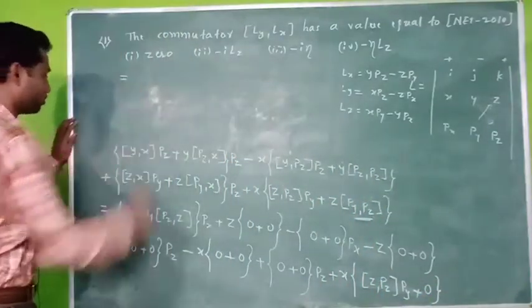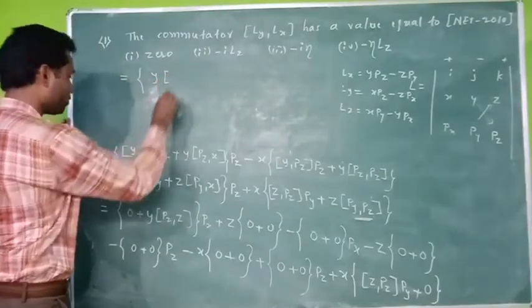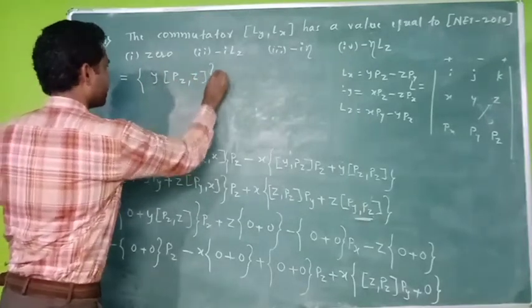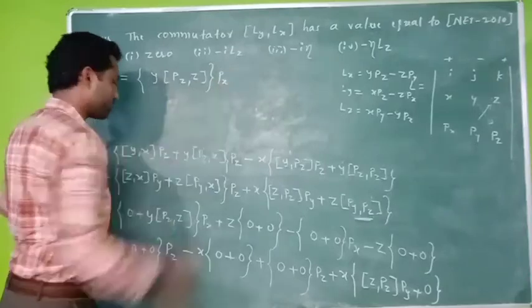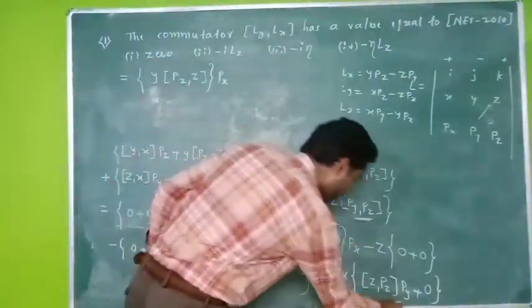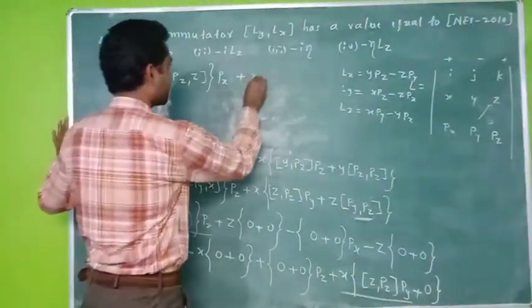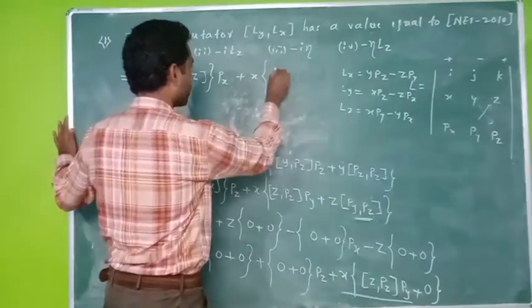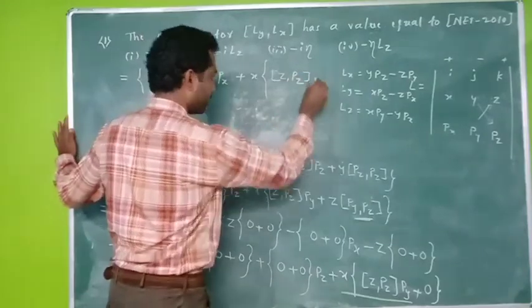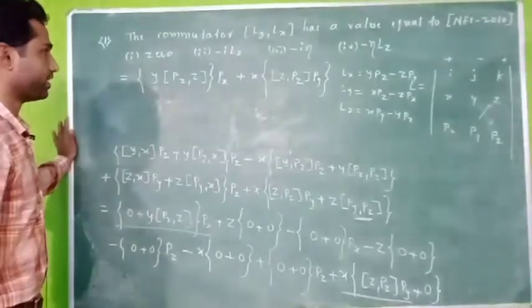So this is equal to, within a bracket, y commutator of pz and z whole bracket multiplied with px. This is the only term that is left. Along with that, everything is 0. This one is a non-zero value, that is x within a bracket commutator of z, pz and py, right. So this is what we are left with.